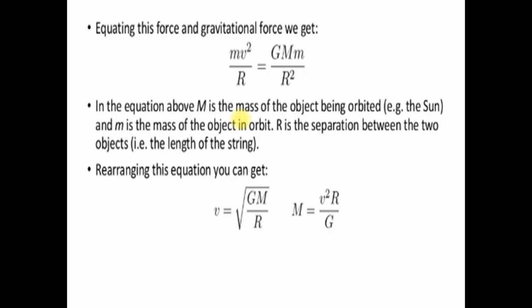Capital R is the separation between the two objects, that is the length of the string. Rearranging this equation and cancelling small m on both sides and small r in the denominator, we get V is equal to square root of GM by r. Or the mass of the larger object can be given as V square r by G.